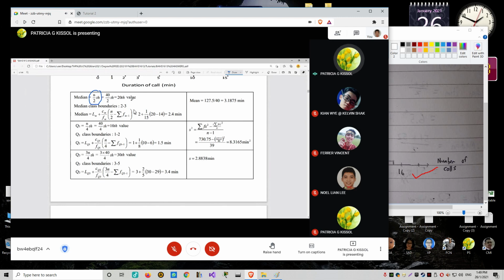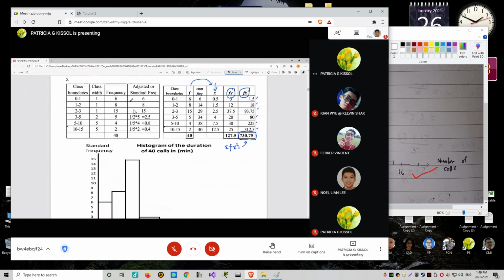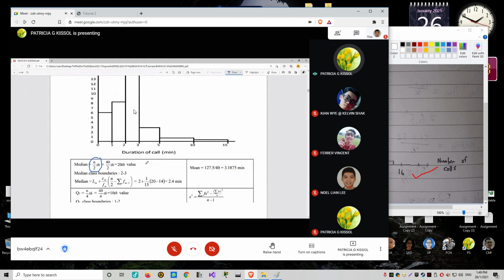So from the value 20, I think this is the one that, Noel, you messaged me about, right? From here, you just need to refer to the cumulative frequency because we got the value 20.